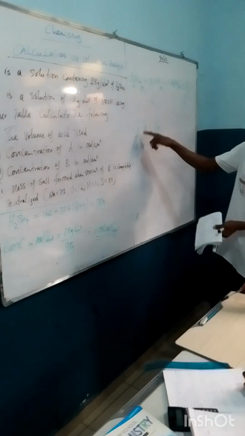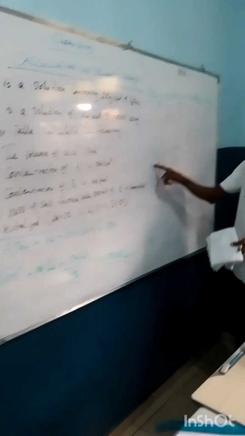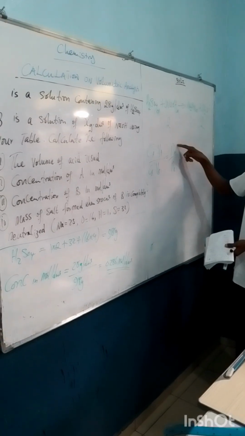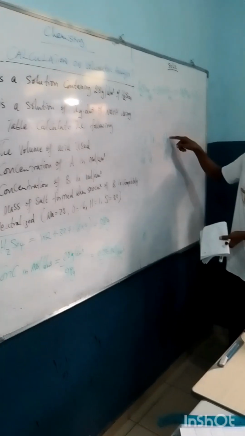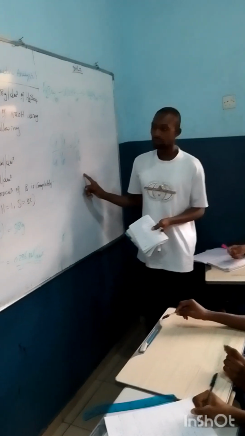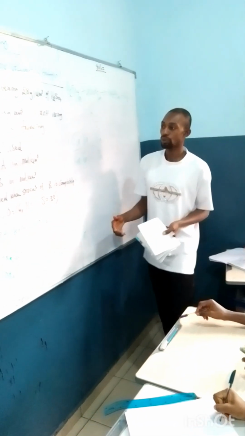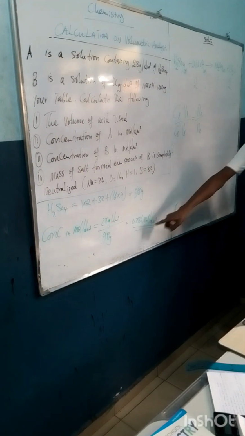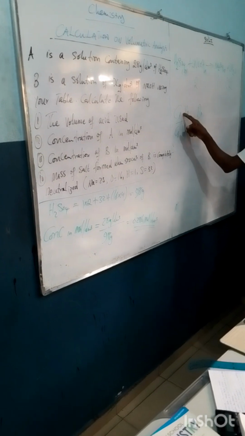Since we know the concentration of acid, volume of acid, volume of base, and the ratio of reaction between A and B, we are going to substitute our values. What we are looking for is the concentration of B in mole per dm cube. And what we have here is the concentration of A in mole per dm cube.